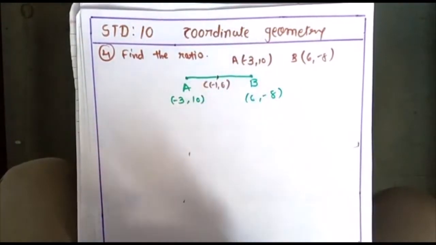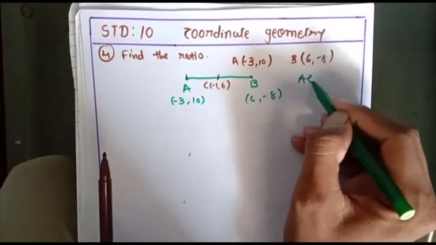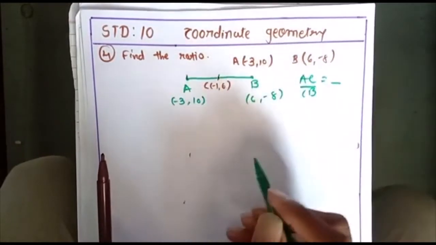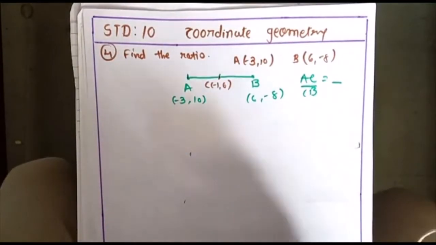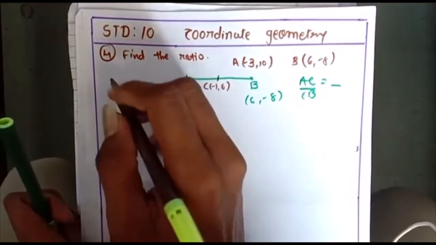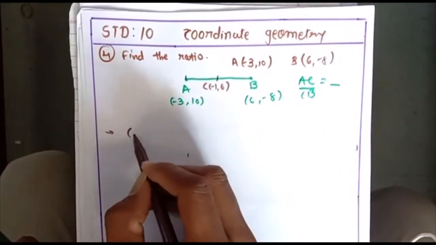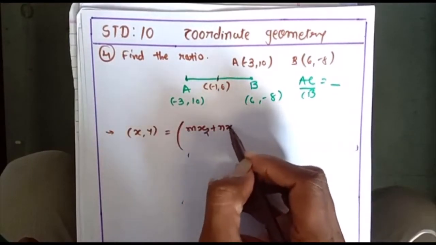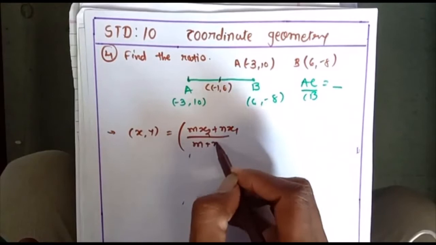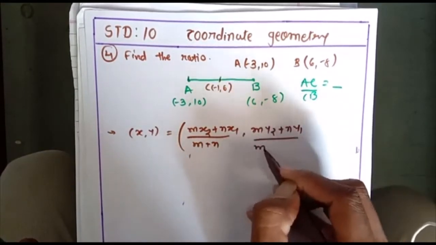Take C (-1, 6), and we have to find the ratio. It means AC divided by CB. Now, in the previous example of 7.2, we discussed the section formula: x, y equal to (mx2 plus nx1) divided by (m plus n) and (my2 plus ny1) divided by (m plus n).